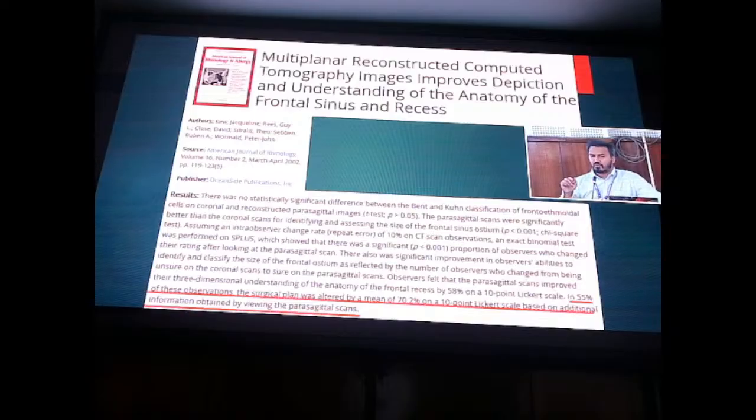But they were not told that it's the same patient. So they were blinded. They thought it's a different patient and they gave a totally different plan after seeing the sagittal scan. So whenever you want to study the frontal sinus, always make it a point that you have these sagittal scans with you, because you can see all the cells in one single field. That makes your life a lot easier, and I'll show you how.